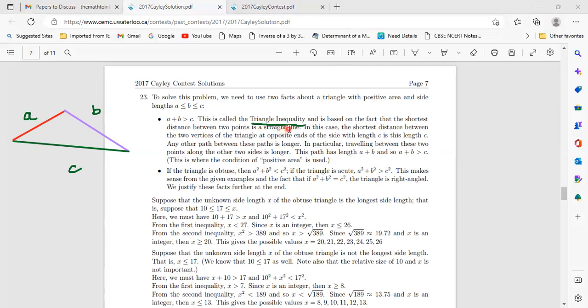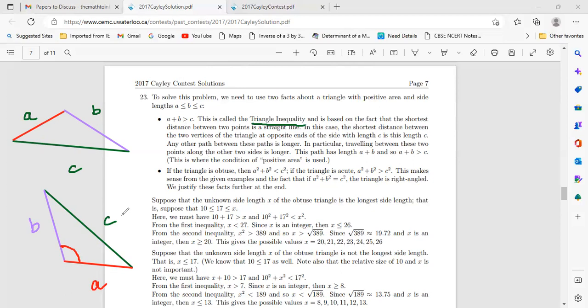In our question, they specifically told us to use the obtuse triangle. In the obtuse triangle, which looks like this, let's do a rough one, A square plus B square is lesser than C square.